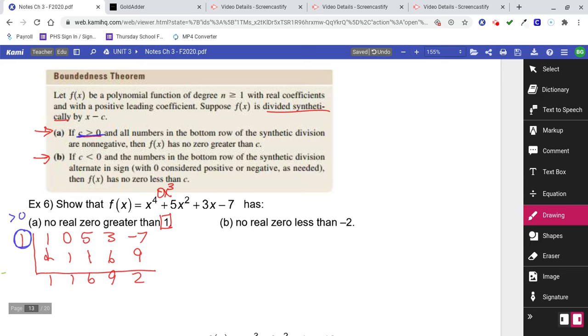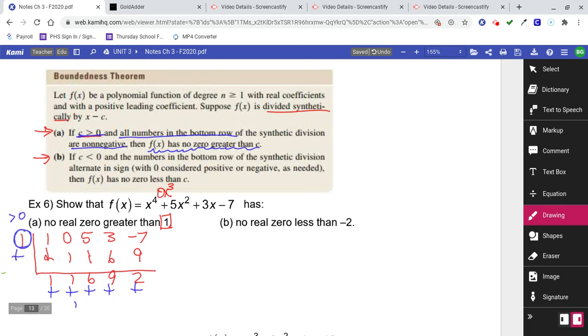If this number is greater than 0, and all numbers in the bottom row are non-negative. So see how we've got positive, positive, positive, positive, positive. So in other words, if this number is positive and all the numbers in the bottom row are positive, then here's our conclusion.